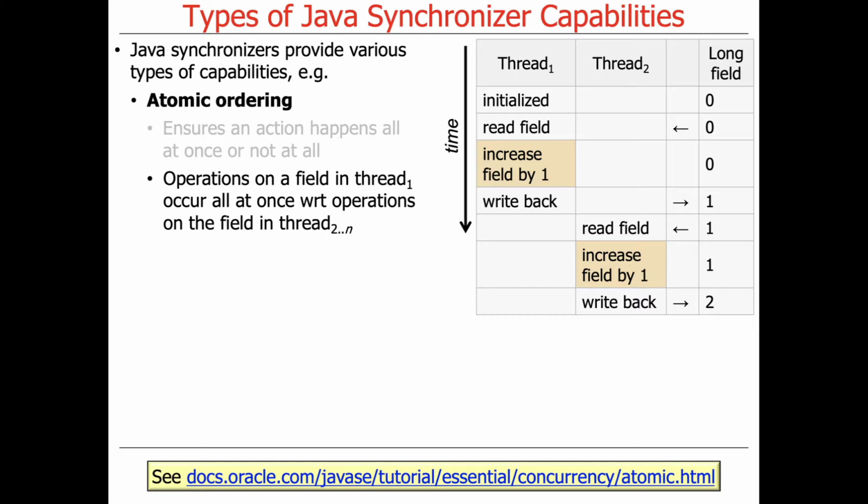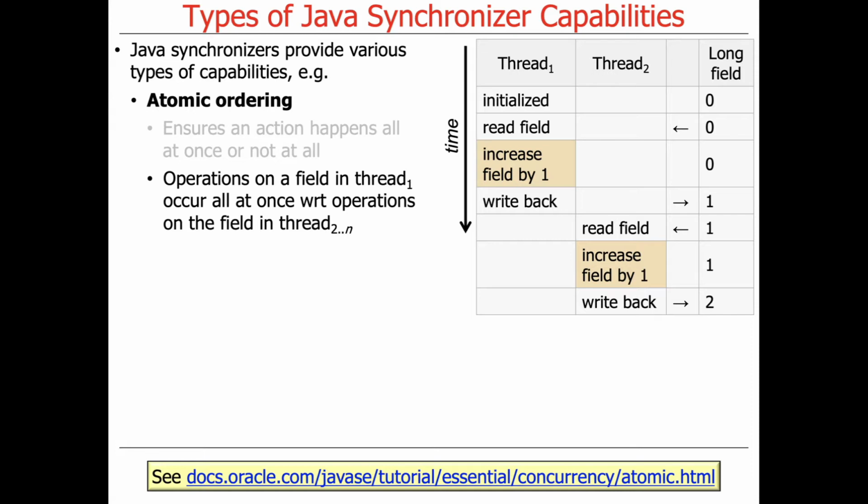So this example has two threads, thread 1 and thread 2. First we're going to show how you can have problems. In this particular case, thread 1 initializes some shared field to 0. Thread 1 reads that field, increments the value by 1, and then writes the value back.